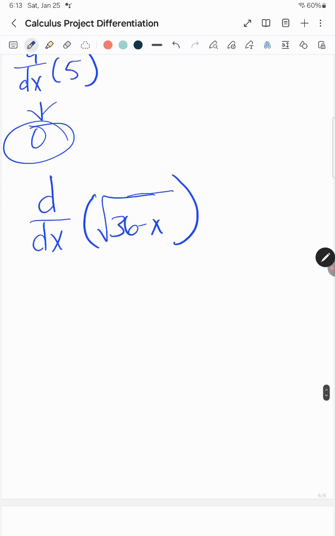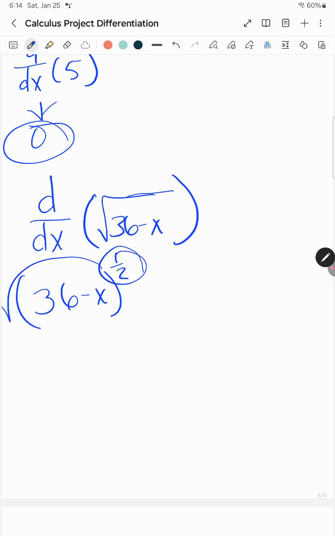So to be able to solve this, again, we need to put it in exponential form. So it's going to go from the square root of 36 minus x to 36 minus x raised to the 1/2. Now that we've done that, we can apply our power rule.